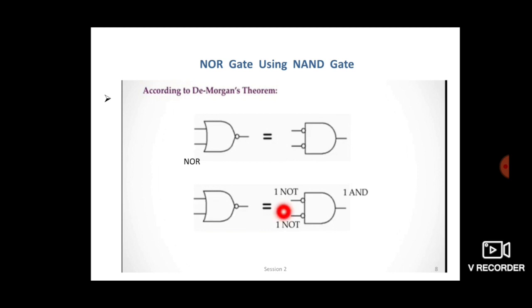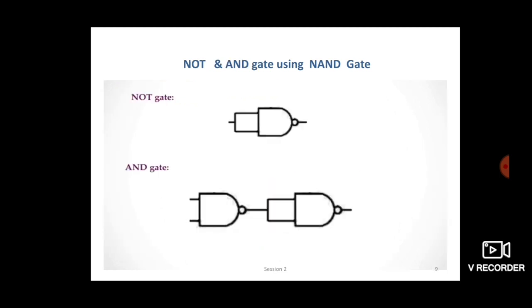First construct this gate, NOT and AND gates. For the NOT gate we can construct it with a NAND gate. What is the symbol? This is the new symbol for the NOT gate using a NAND gate. And what is the AND gate circuit? This is the AND gate circuit.